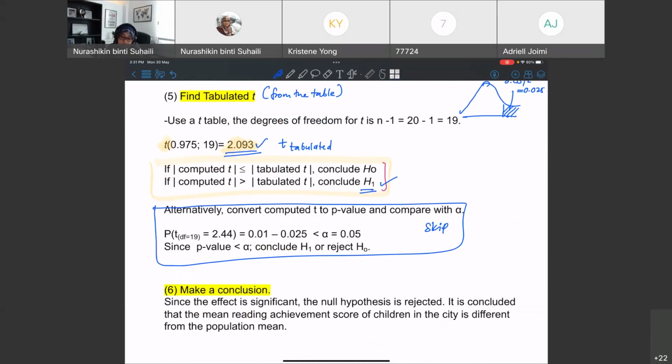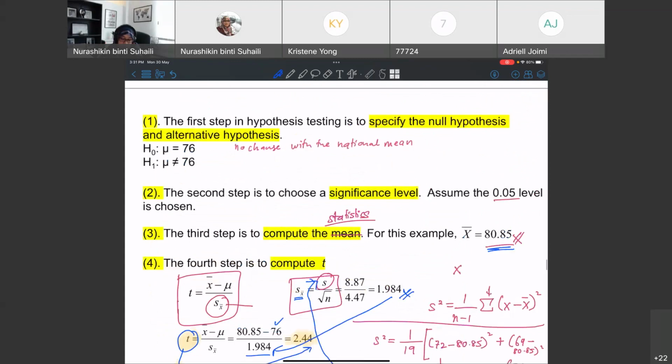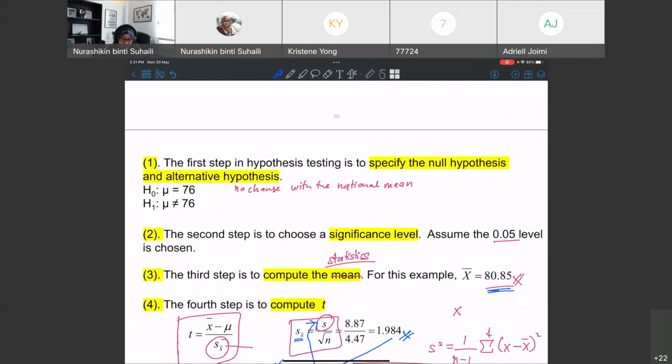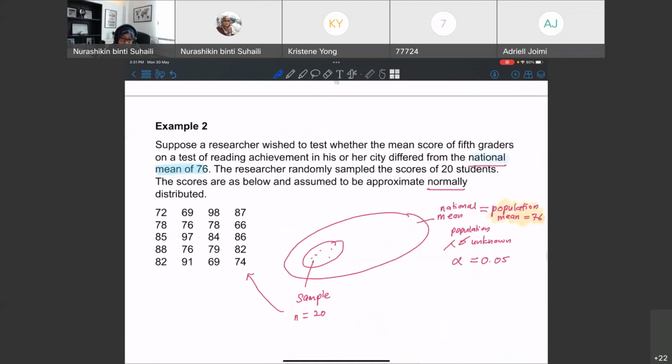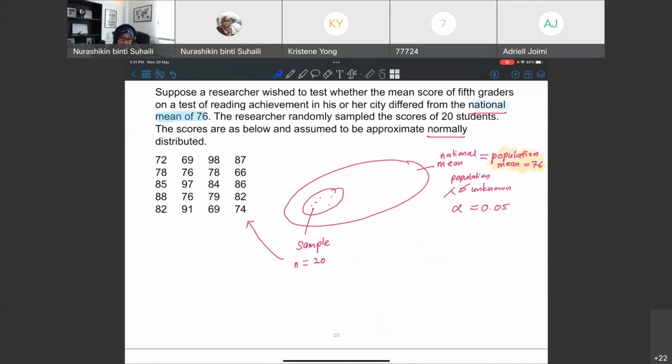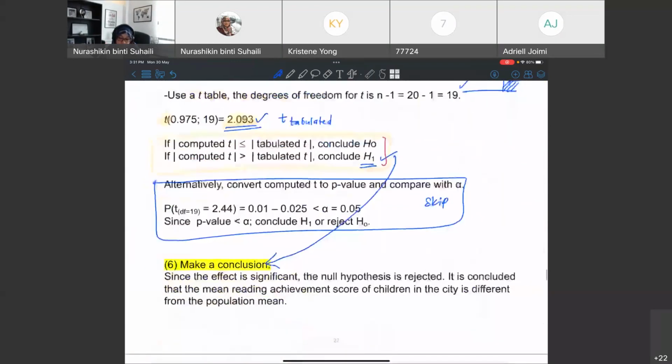Okay, so once you conclude H1 or the alternative hypothesis, you have to make a conclusion. Okay, so go back to your hypothesis now. What is your hypothesis? If you want to put it in words, the mean score of the fifth graders on the test is not equal to the national mean, which is 76. Yeah? So that's, yeah, it's different.